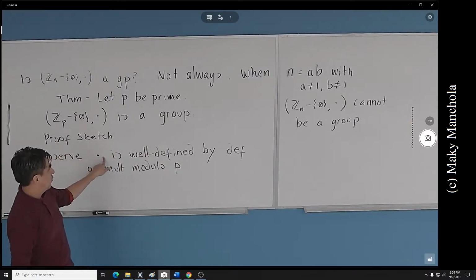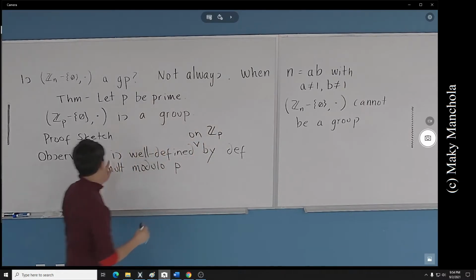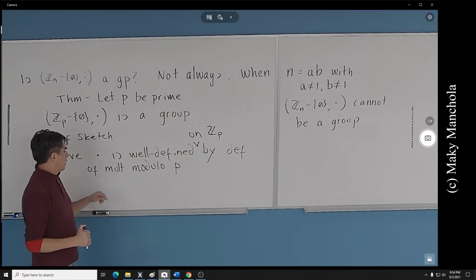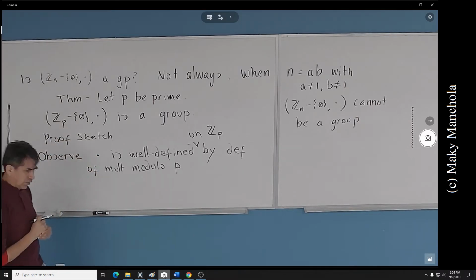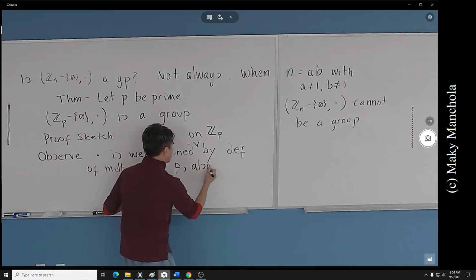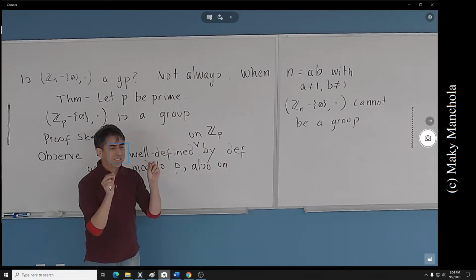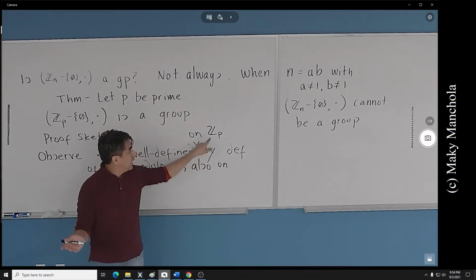So what is it well defined on? The set is Zp. So we know that multiplication of elements in Zp is well defined, but the question is, is it well defined as well in Zp excluding 0? Well, it is still well defined because if you have two elements in Zp, and when you multiply them you get a single answer, that will happen in any of its subsets.